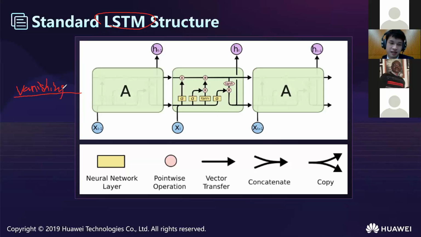Just like if the neural network is too deep, it will also cause the vanishing gradient problem. So we can use the LSTM to reduce the vanishing gradient problem in RNN.